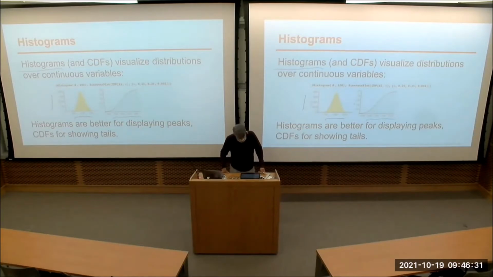Usually people like histograms, and they're good for showing you where the peak is. But if you want to see what's going on at the tail of a distribution, you're generally better off with a cumulative plot. Any questions about that?